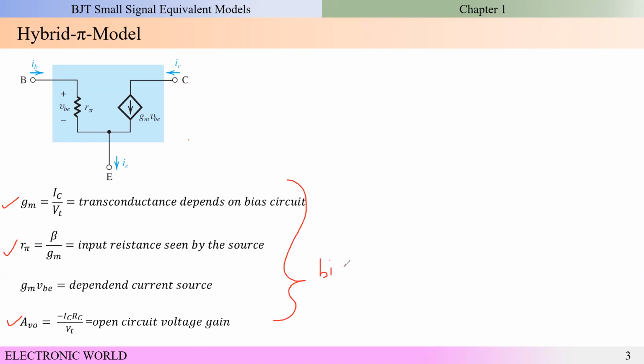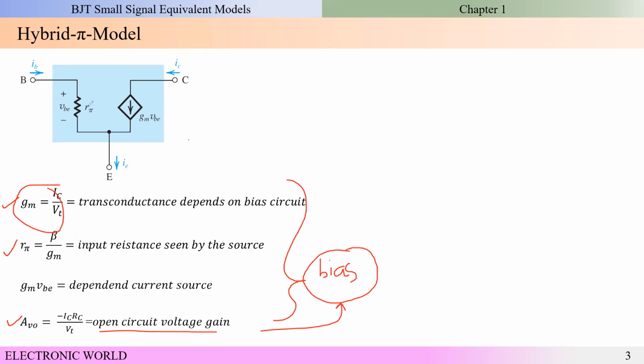So if you want to calculate the transconductance, input resistance, and the open circuit voltage gain, we use the bias circuit to calculate these characteristics.